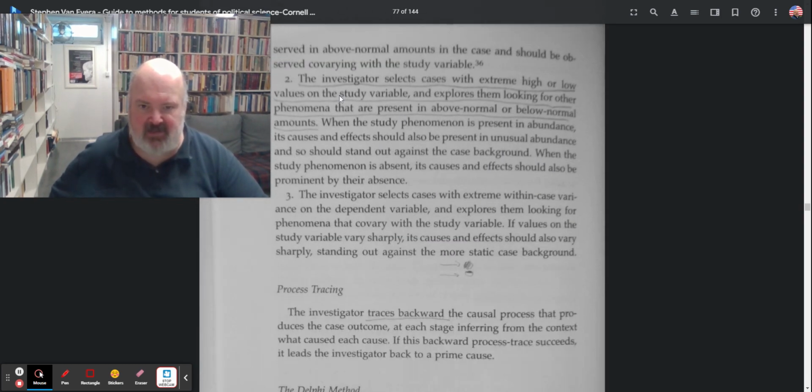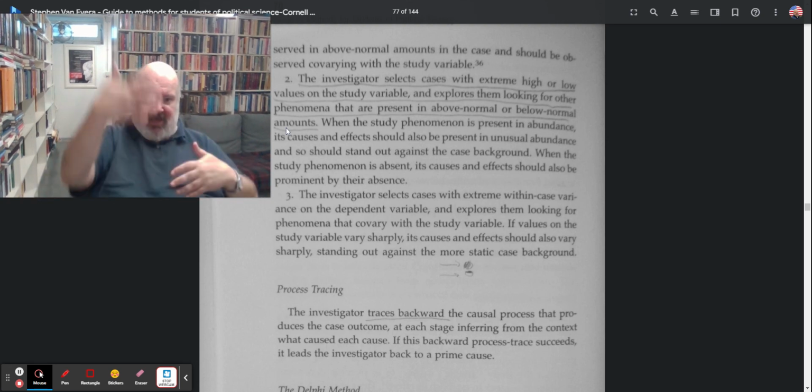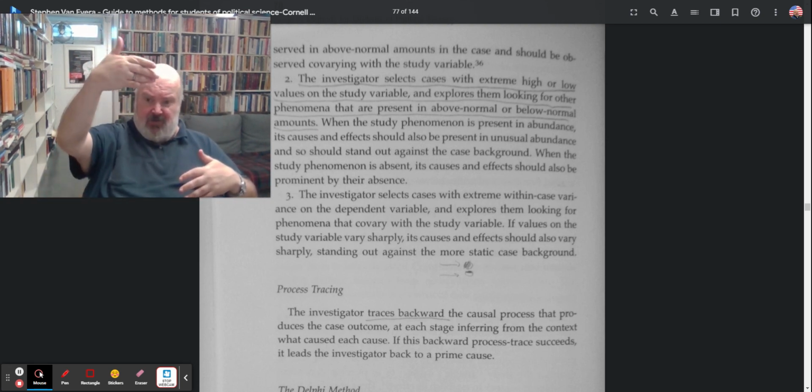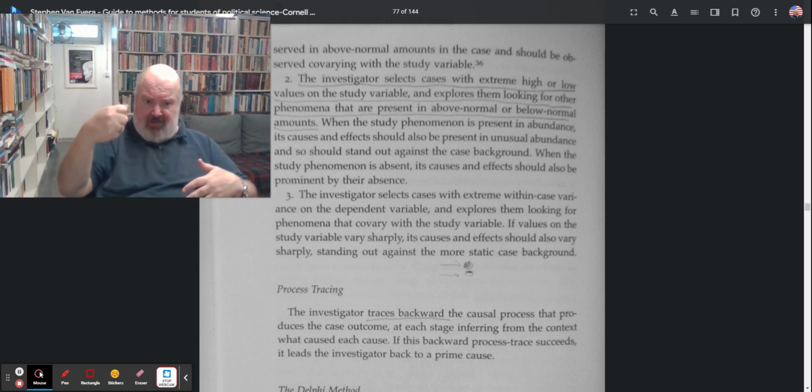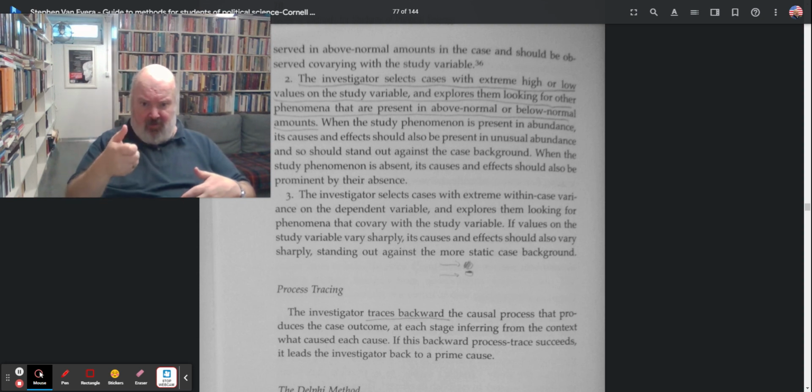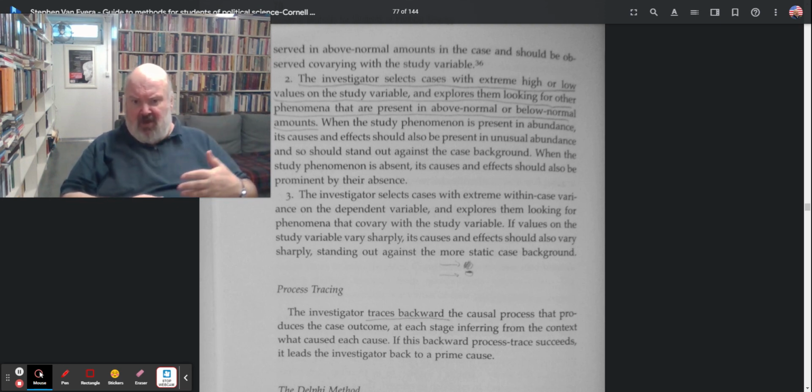Two, the investigator selects cases with extreme high or low values on the study variable and explores them for other phenomena that are present in above normal or below normal amounts. So we pick a case that has above normal or below normal values on the study variable, and then look for things that have either above normal or below normal amounts.